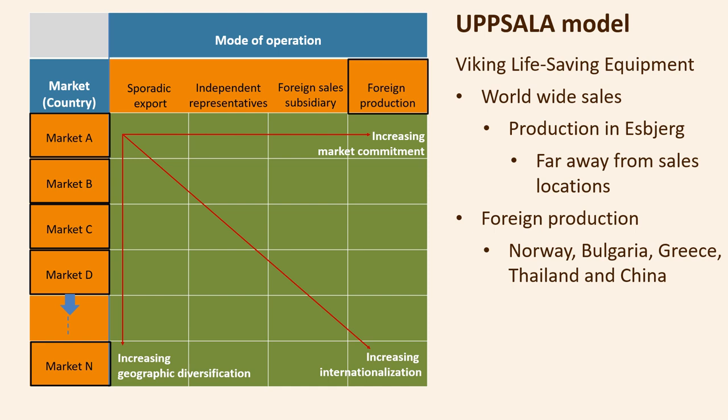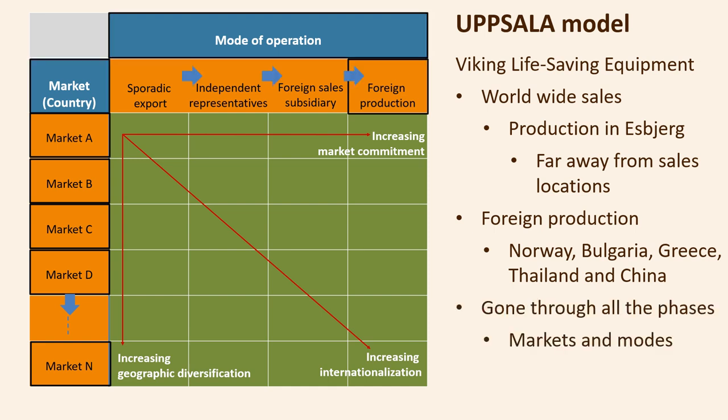Consequently, manufacturing operations were established in multiple countries to accommodate this geographic expansion. Viking has since set up international production facilities in Norway, Bulgaria, Greece, Thailand, and China.